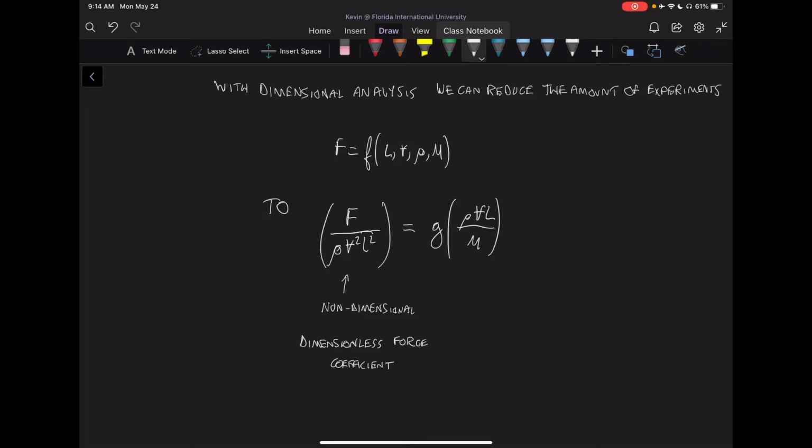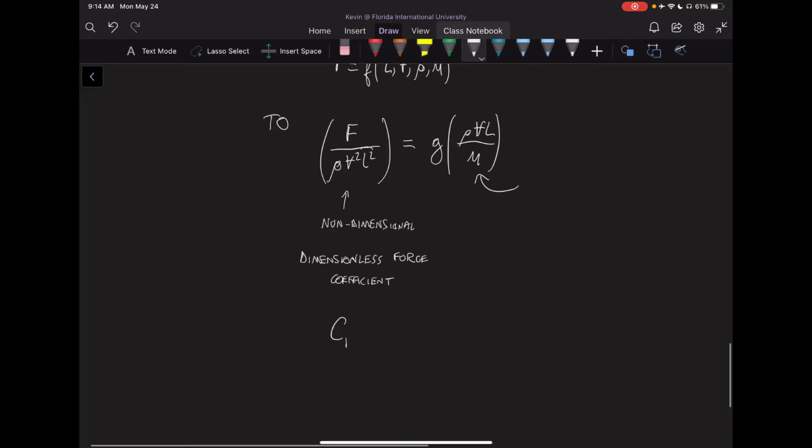And if we make it dimensionless on the right side, we can now create a dimensionless number that will relate all of the velocity, length, density, and viscosity together. And now we have a coefficient of force equal to a function of Reynolds. Okay, and this is called the dimensionless Reynolds number, which you might have heard of before, but if you haven't, it's fine.